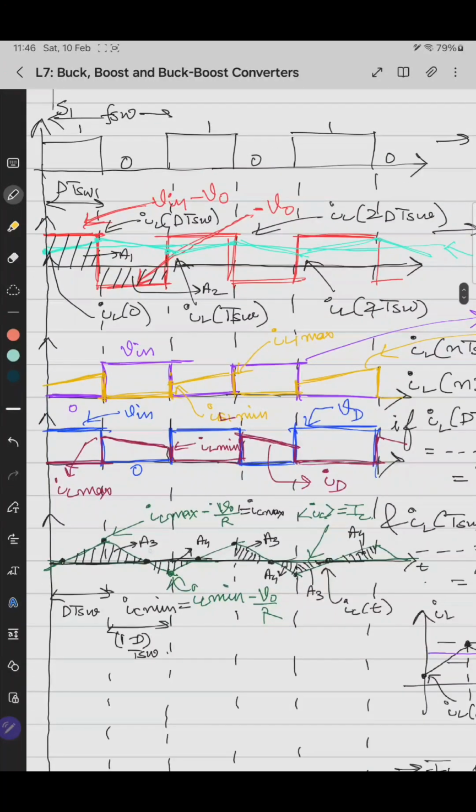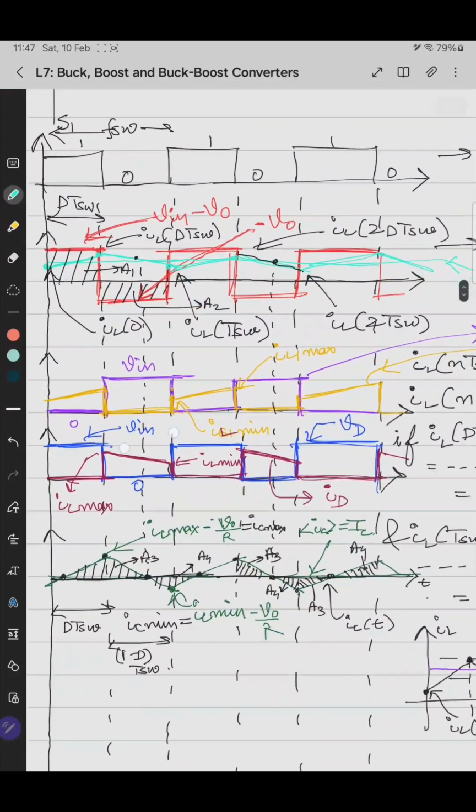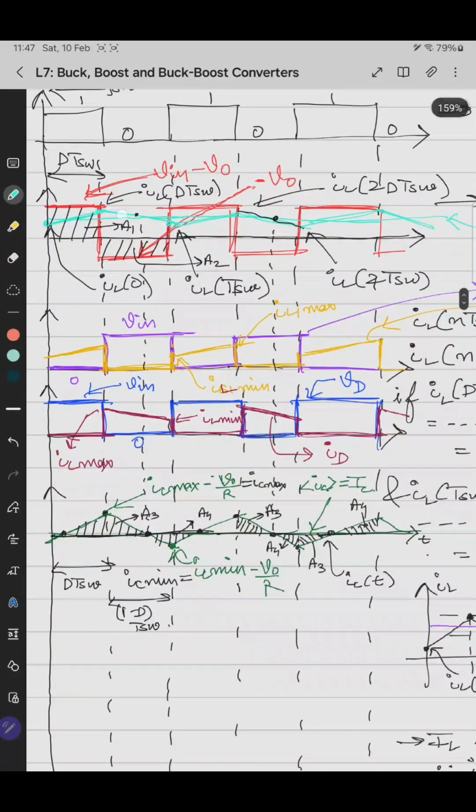If we map the zero crossing points over the original inductor current waveform, it is somewhere here on this edge. This waveform, apart from these ripples, has some average value.